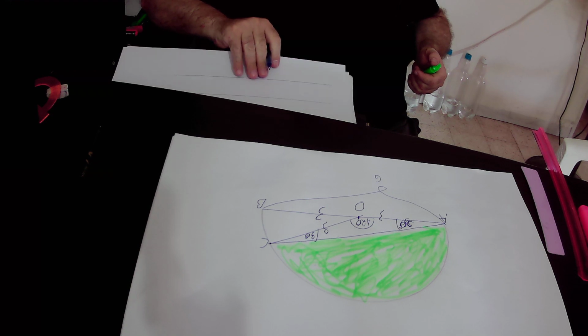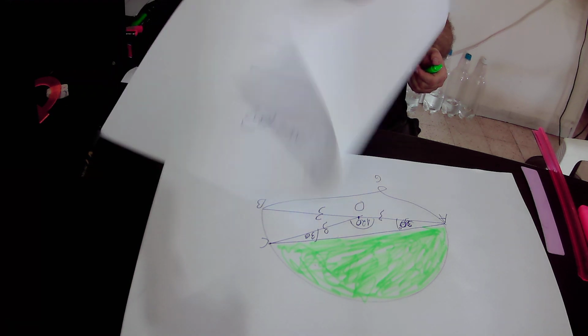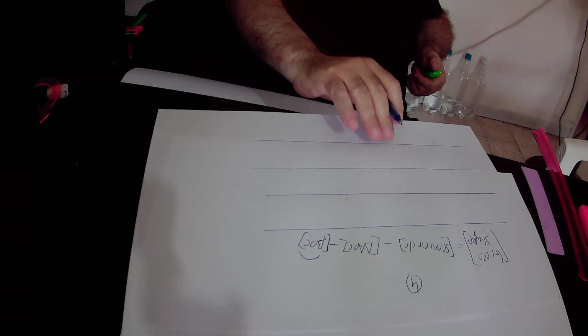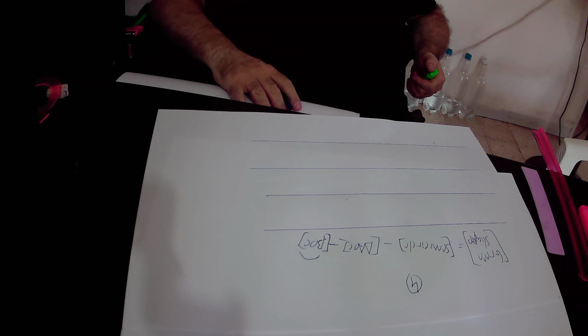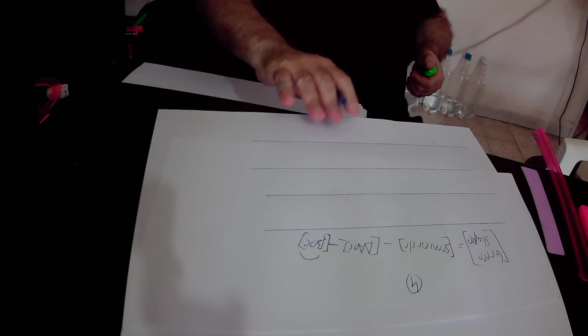Repeat again: the area of the green shape according to the second method equals the area of the semicircle minus the area of triangle AOC minus the area of sector BOC.